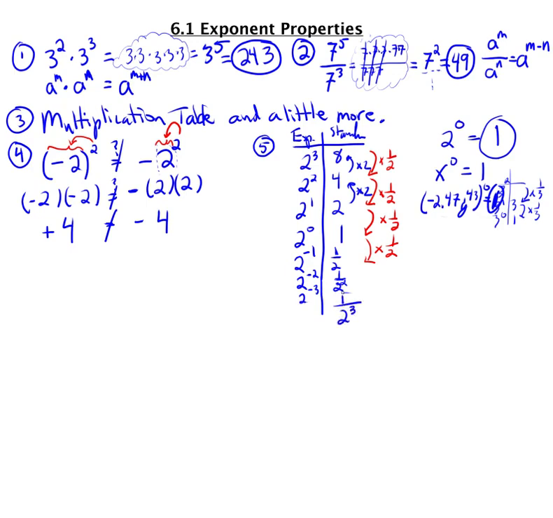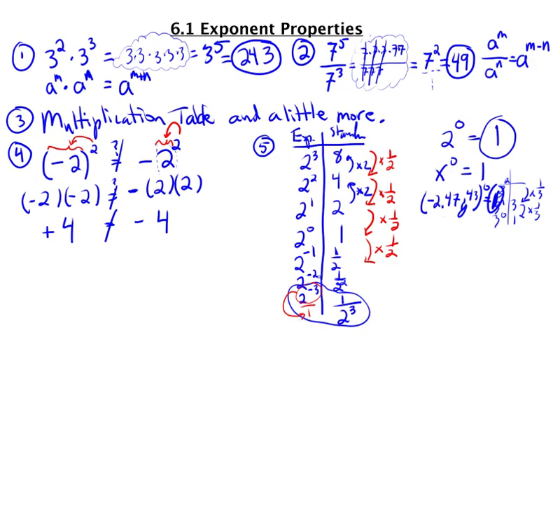So if we take a look at what happens to our exponent when it's negative, if we have 2 to the negative third power, we can put it over 1 to make it a fraction. To make it a positive exponent, we can move it from the numerator down to the denominator.